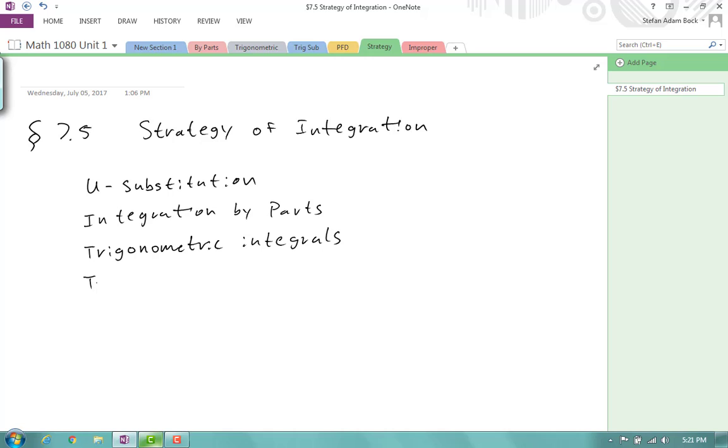And we have trigonometric substitution, which I mentioned when I made that video, that basically what you're looking for with those is a sum or difference of squares. And after that, we had partial fraction decomposition.